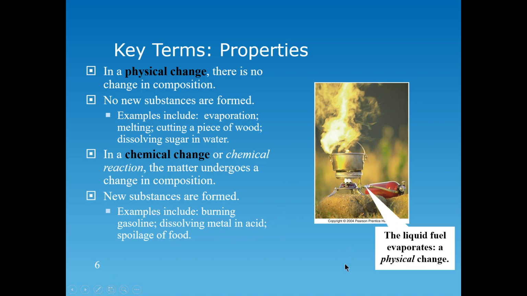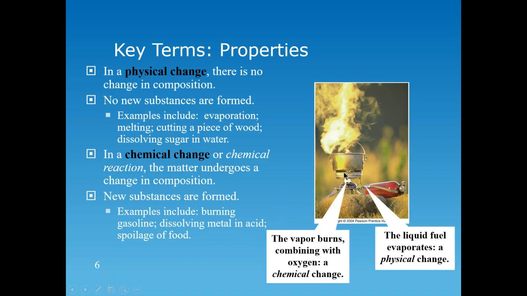This picture here shows, I think, a portable stove, where you have propane gas as the fuel source, and in order for it to be ignited, it has to be vaporized. Therefore, it is normally stored under pressure, but when it's released, it's converted from the liquid state to the gaseous state.